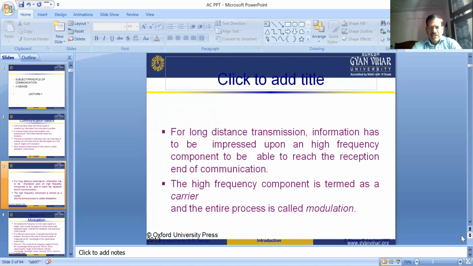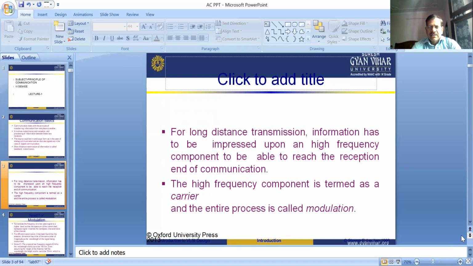The entire process is called modulation. In modulation, the signal is transmitted from source to destination. This is the modulation part.